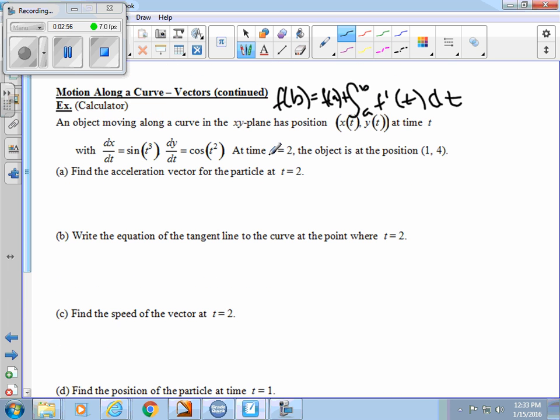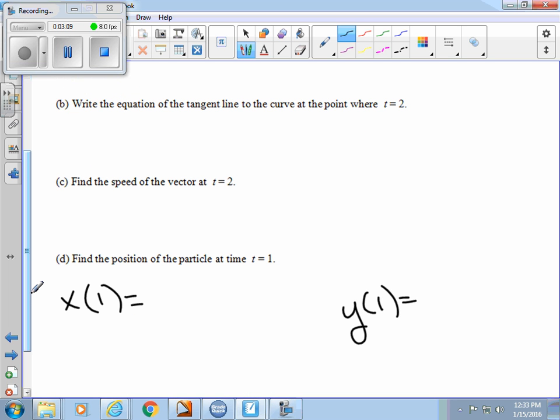I know my position at time 2, right? Everyone agree with that? There are a couple ways you could do this. You could just follow the formula as it sits, or if you don't like the big number being on bottom and the small number being on top, you can rewrite the formula to fit that. I'll show you both and what I mean by that.